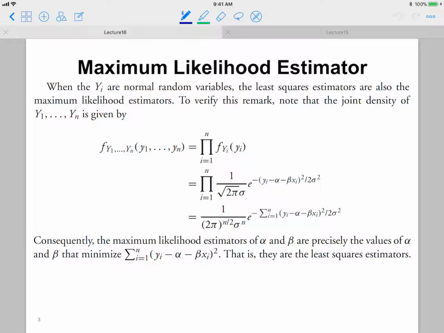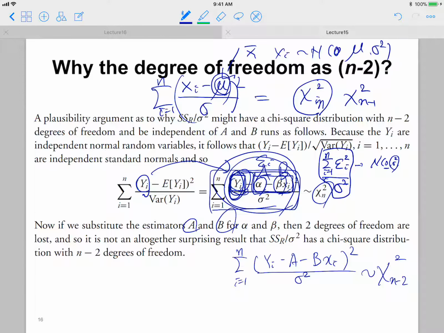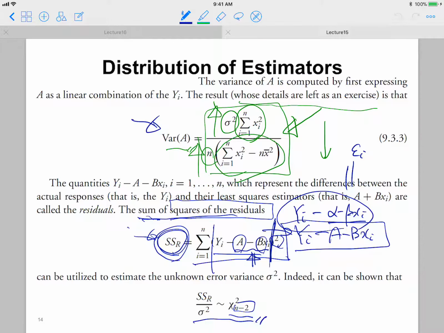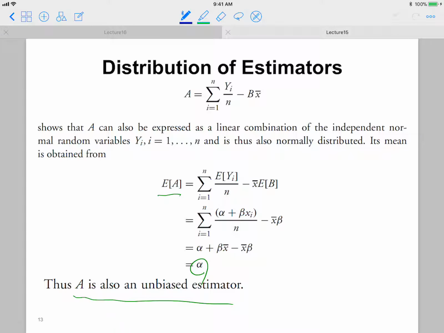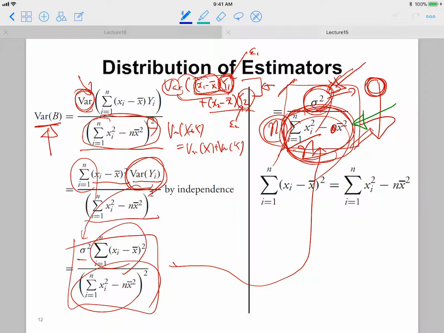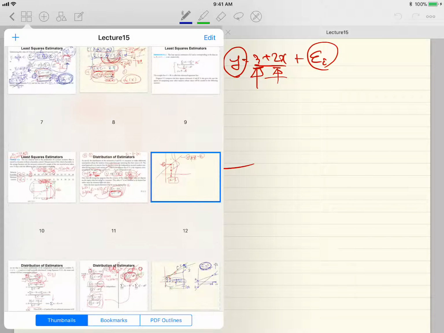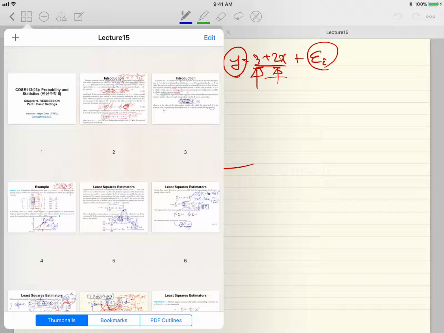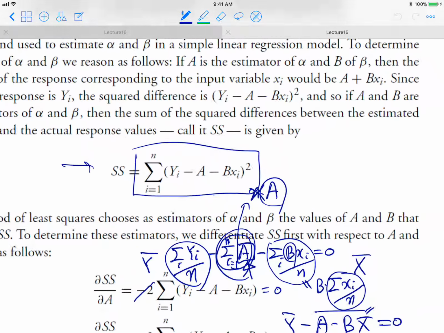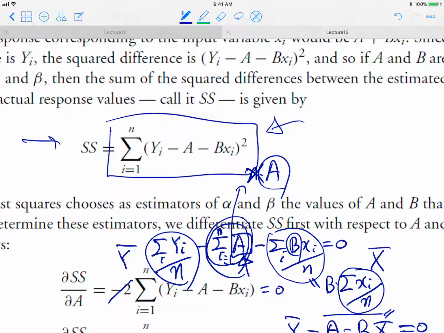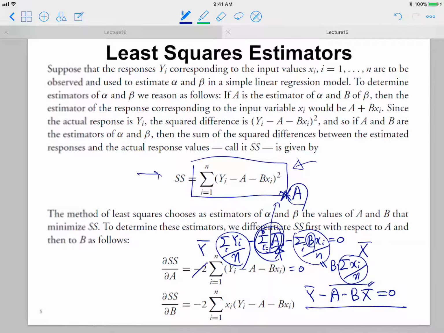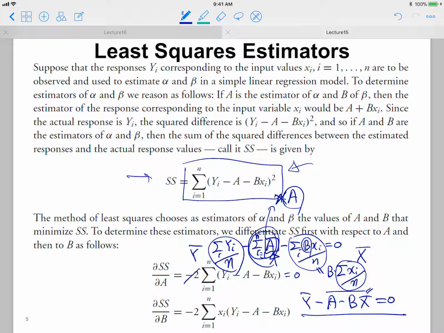Okay, and we obtained the estimators for A and B by using the principle of least squares, which means we first set up this measure, the sum of squares of our error, and then we try to minimize it.